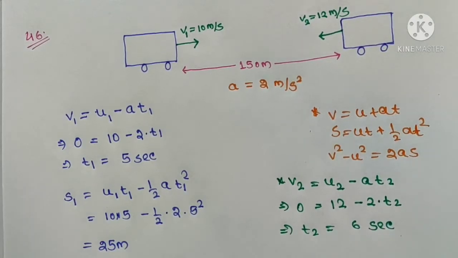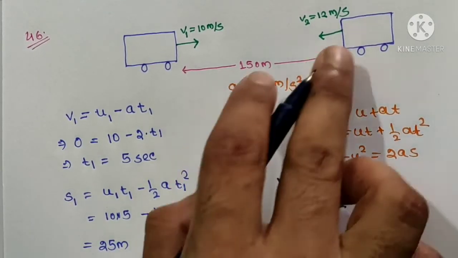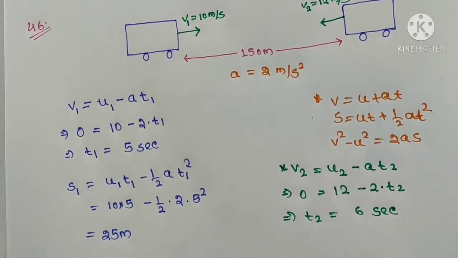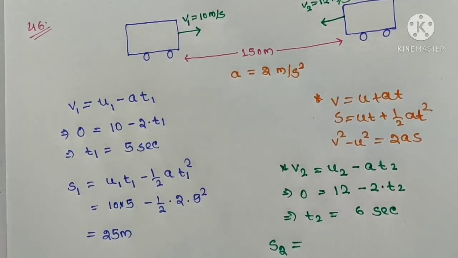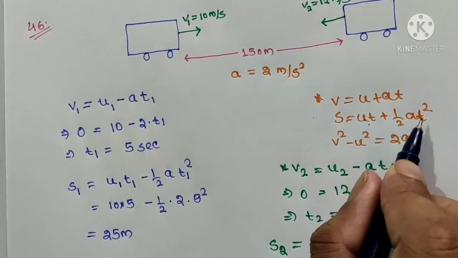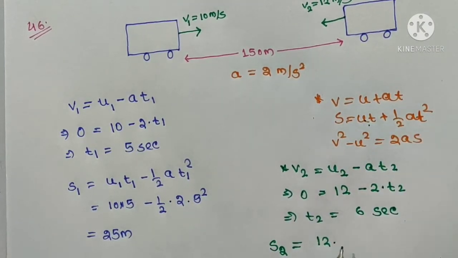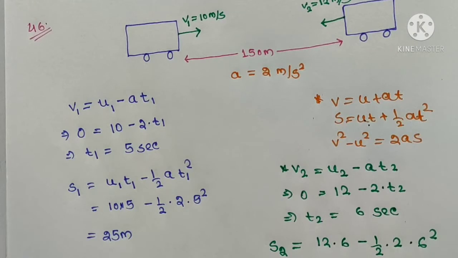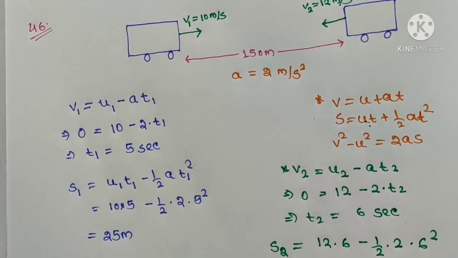So it will take 6 seconds to come to stop. Next, distance traveled by the second car in this 6 seconds. So s2 equal to ut minus half at square. So initial velocity 12 times 6 minus half into 2 into 6 square, that is equal to 36 meter.